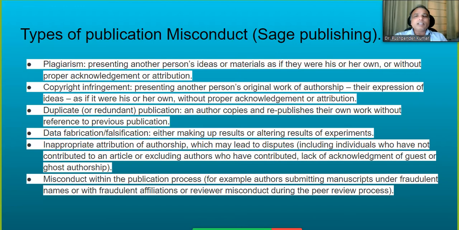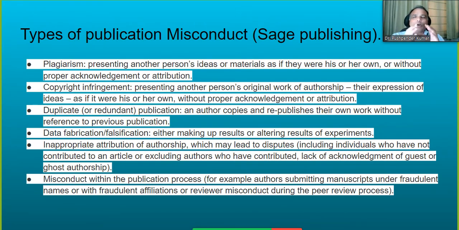Even for some books, without permission you cannot xerox them. That is the original idea, the work of someone else. Without acknowledging them, without giving them attribution, you say, okay, I'm using it. So here you see copyright infringement.